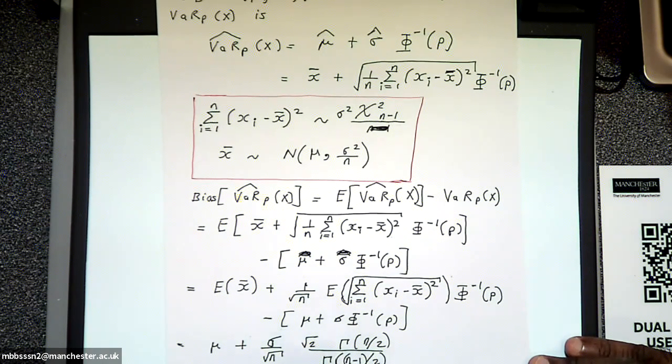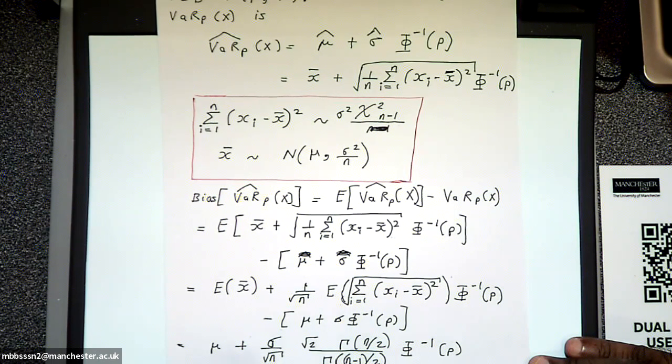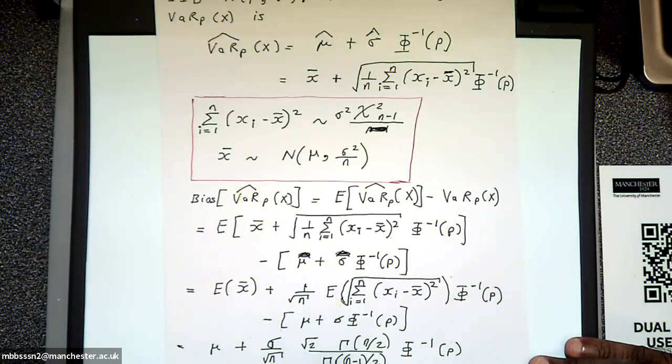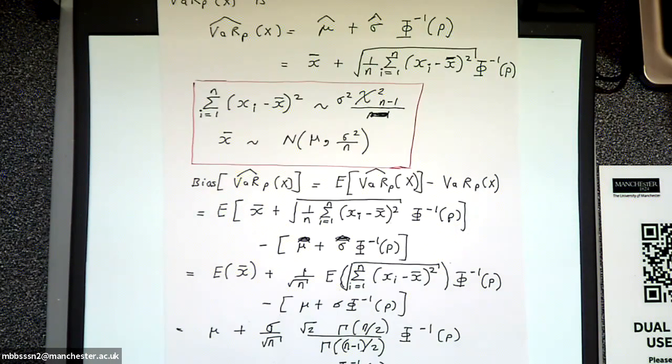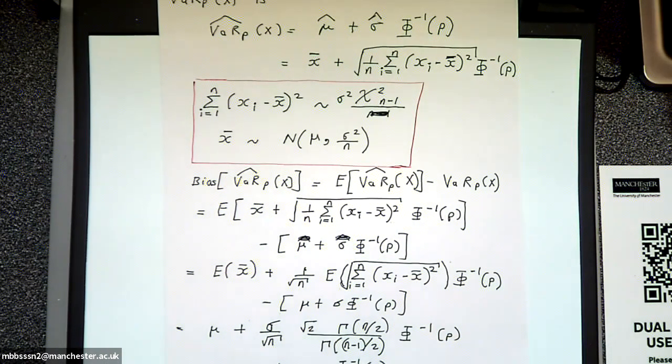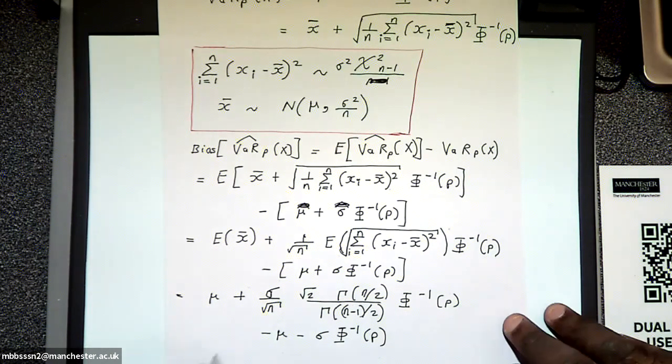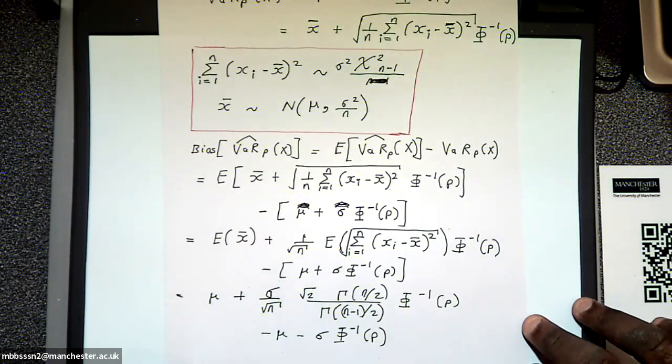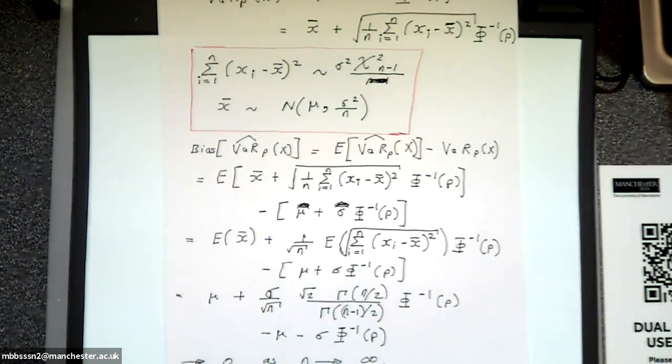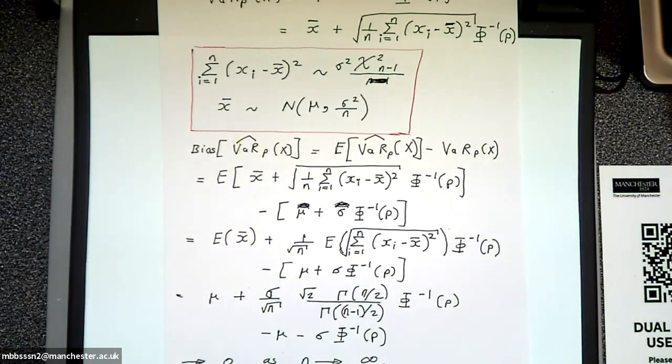And then you have this guy here. Then you have minus mu minus sigma phi inverse of p. All right, now I would like you to show, though I don't expect it, that this clearly is not equal to 0, but that it approaches 0 as n goes to infinity. And hence the estimator is asymptotically unbiased, right?